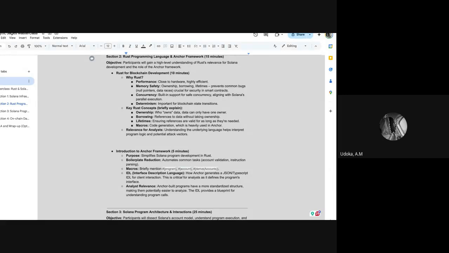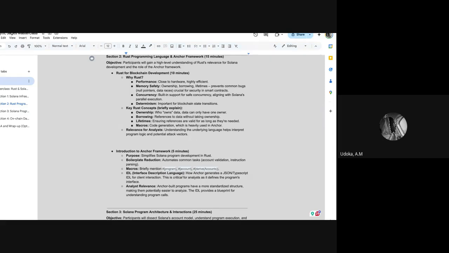Rust is a native computer programming language that is close to C. If you've programmed in C or C sharp, it's the closest to a low level programming language that we have today.